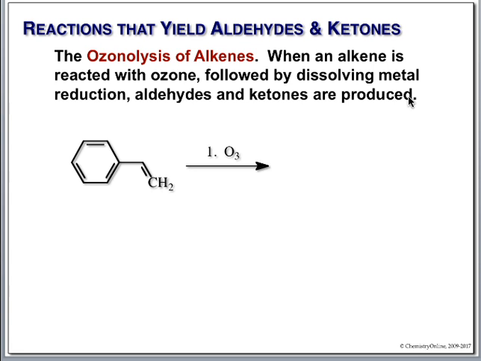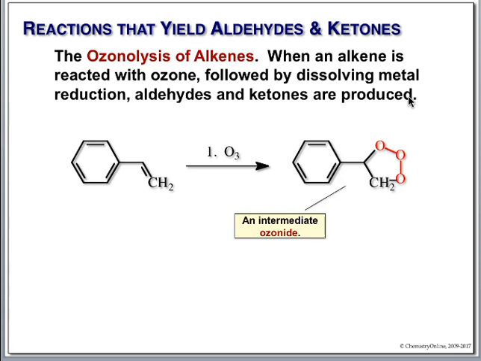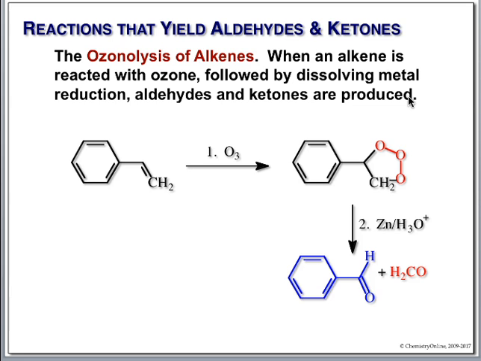When you react an alkene with ozone, you form an intermediate ozonide. 3 oxygens basically just come and sit down on the pi system. What's going to happen, however, is that this ozonide is unstable when you work it up with zinc and acid.